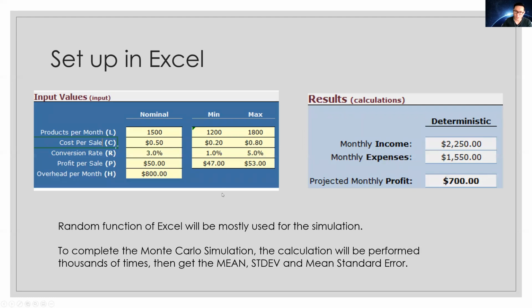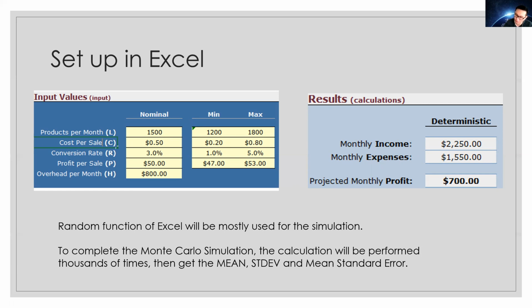Now let's talk about how it's set up in Excel. As you can see, we have all the inputs: the nominal, the mean value, and the max value. We will use a random function of Excel to randomly choose a value within the range, or we can use the Gaussian distribution, which I think makes the most sense.